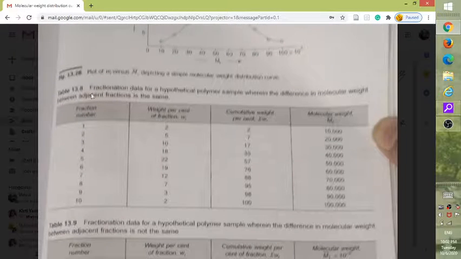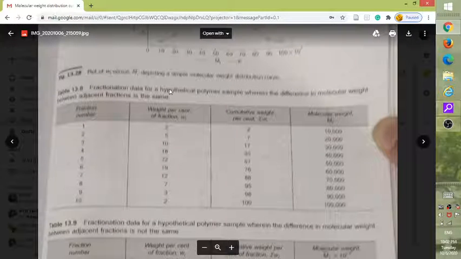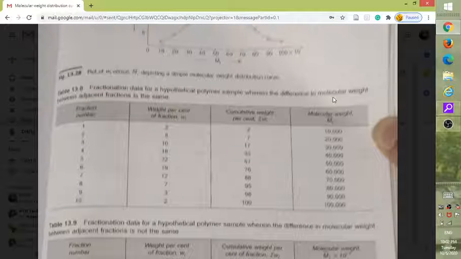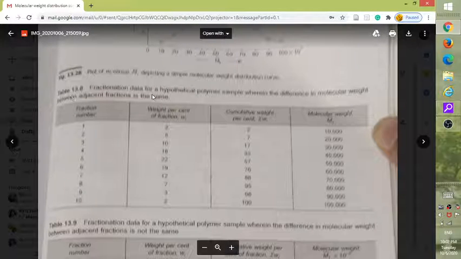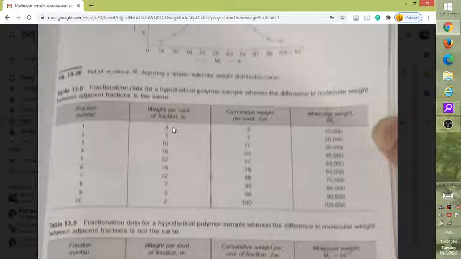So here you can see this is a hypothetical case, fractionation data of a hypothetical polymer sample, wherein the difference in molecular weight between the adjacent fractions is the same. So this is fractions 1, 2, 3, 4, 5, 6, 7, 8 and their molecular weights, you can see the difference is only 10,000, one after the other in the adjacent fractions. This is the weight percent, 2%, 5%, 10%, and if you add all these it will be 100.